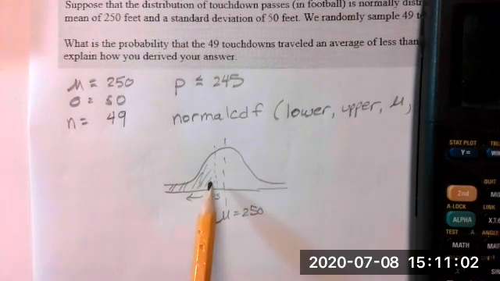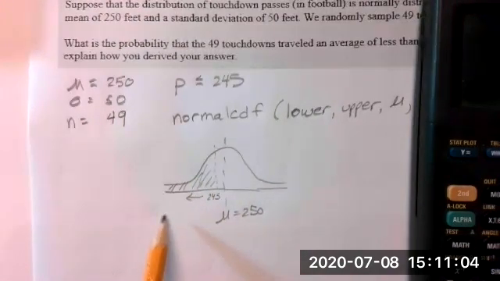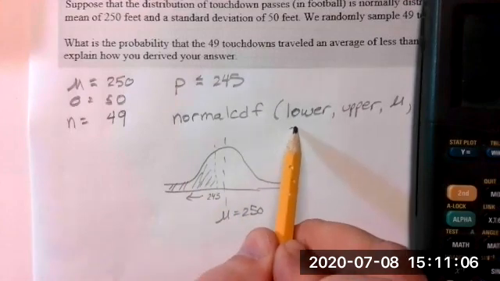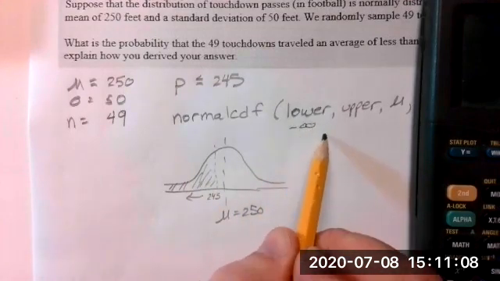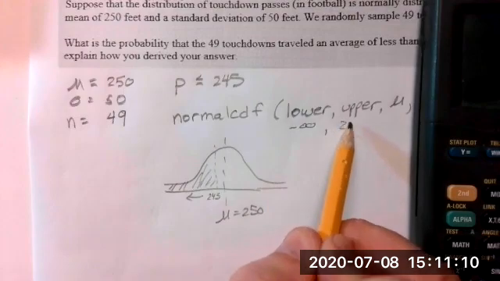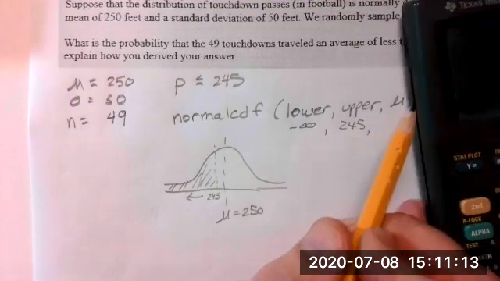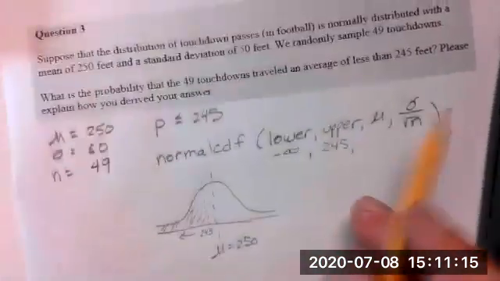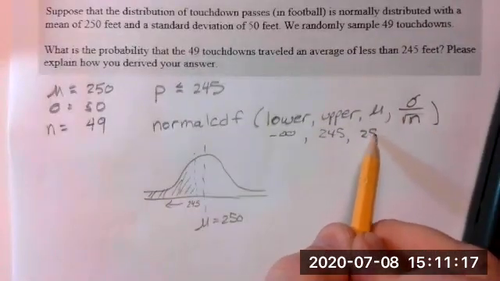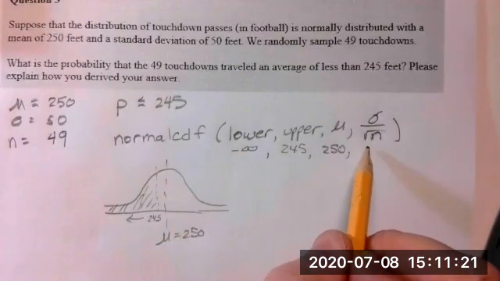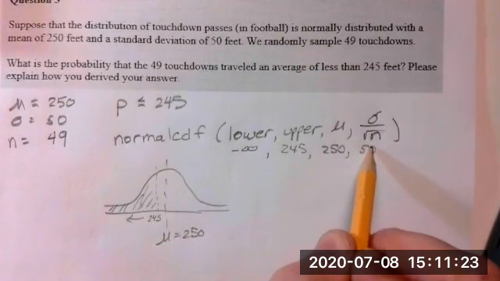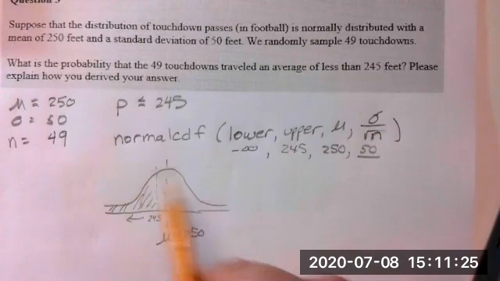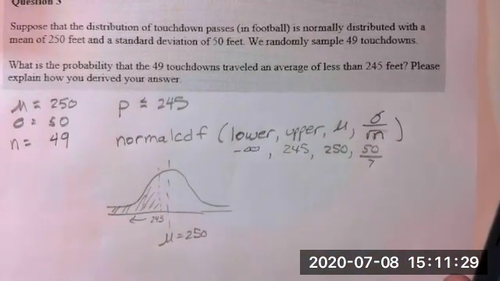So my lower limit is actually negative infinity. My upper limit is 245. That's where I want to stop. My average here is 250. And then my standard deviation is 50. And then the square root of 49 is 7. So those are the numbers that I'm going to put in there.